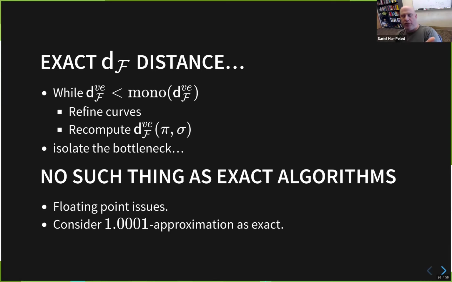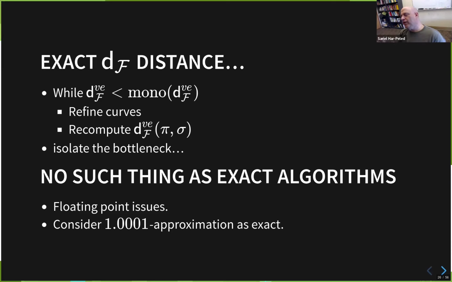Now, I should say up front that we are taking a very pragmatic view of things in this work, because it's implementation oriented. When you implement algorithms in practice, you're going to have floating point issues. That's going to be a major concern. You know, there is no such thing as exact algorithms.